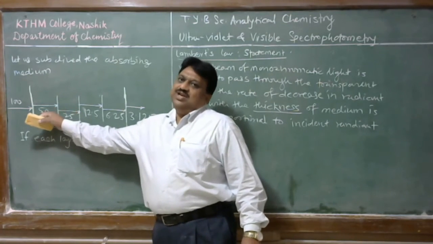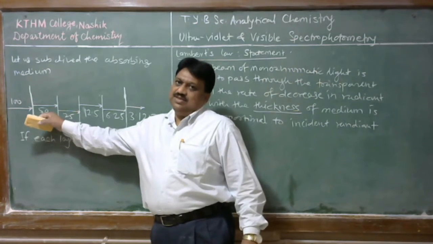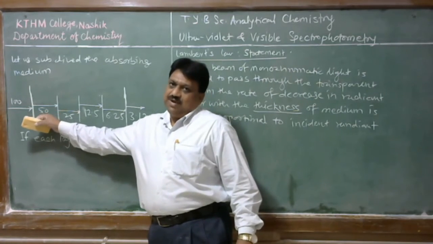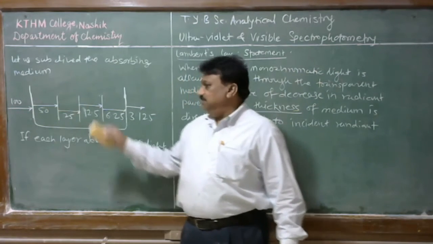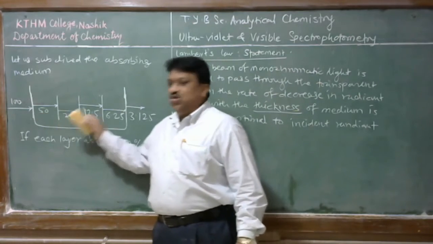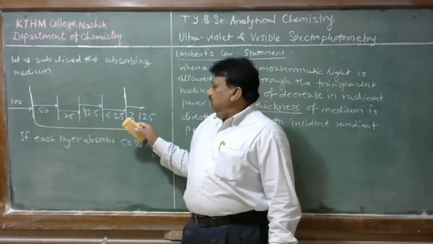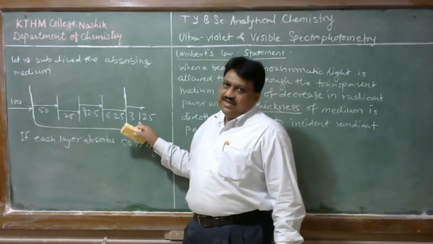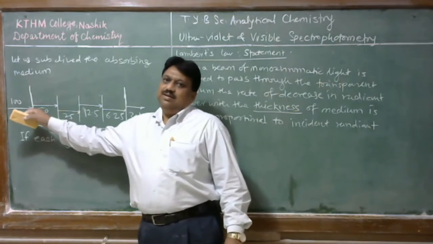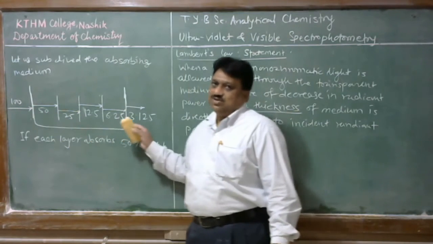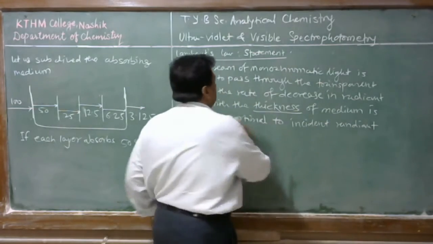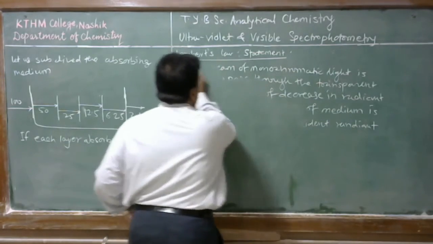Depending upon the absorbance, radiant power is absorbed by the medium and the remainder is transmitted. Therefore, these 4 layers give only this much light when 100% intensity light is passed through this solution. Therefore, we can write this in this way.